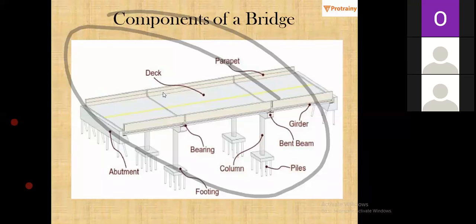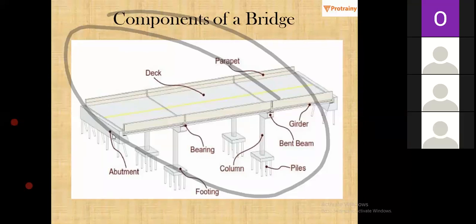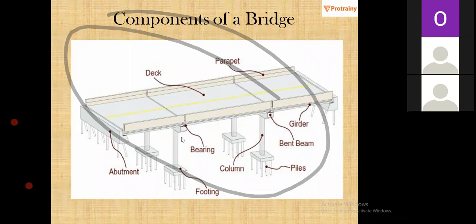Then moving downwards, at both of its extremities you will have abutments, and the intermediate support is going to be provided by the use of columns.